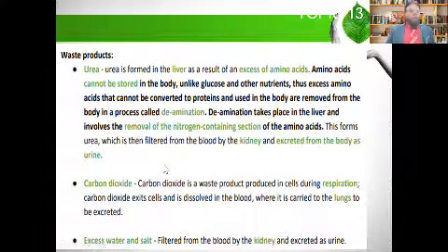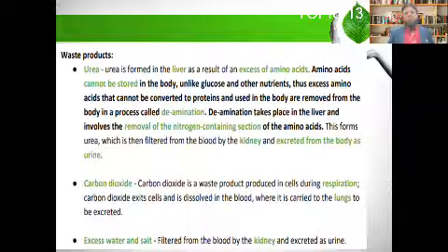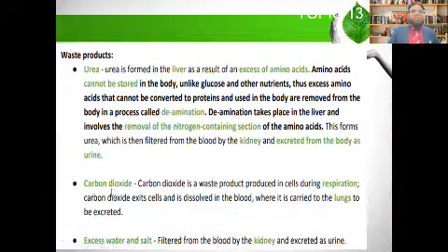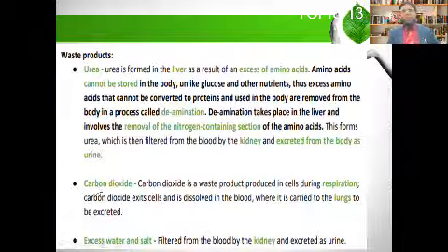Now let me tell you, there is a slight difference between excretion and egestion, because sometimes students intermix egestion and excretion. Excretion is the process of removal of nitrogenous waste material, as you can see, urea, uric acid, or ammonia, and the metabolic substance, carbon dioxide gas, and the substance in excess, like excess water and salt.